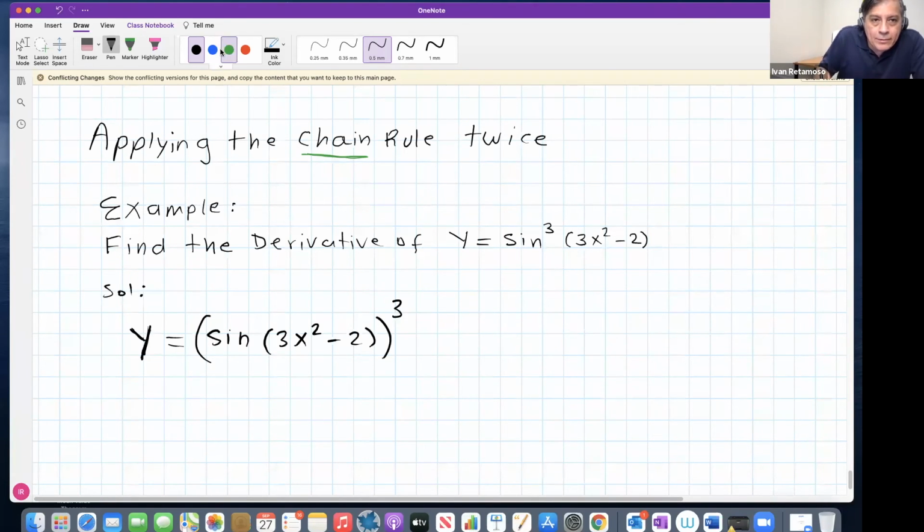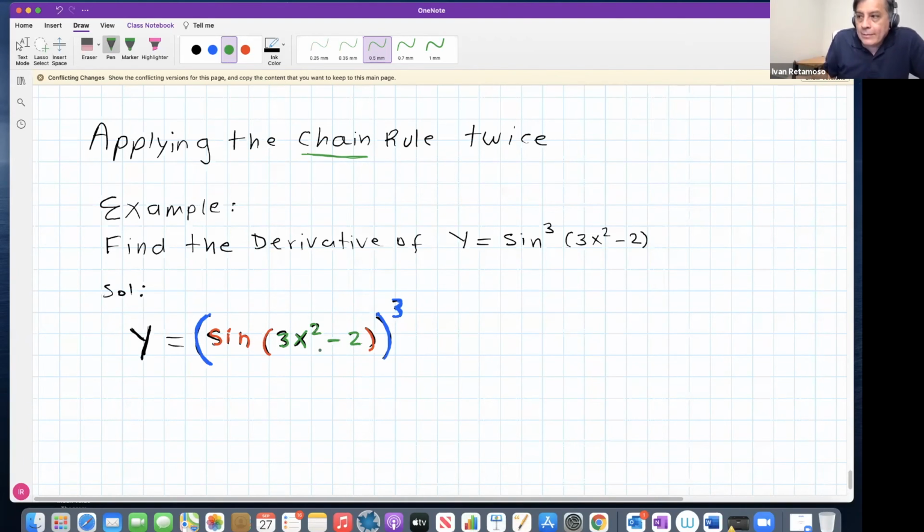The first function is this cubic function, right? Let's call it the outsidemost function. Second function, there's gonna be this sine function, right? But also together with that sine function, there is this other function, 3x squared minus 2, right? So three functions, right?